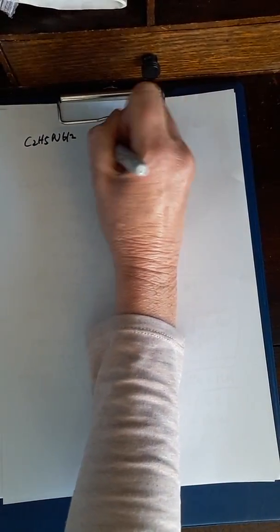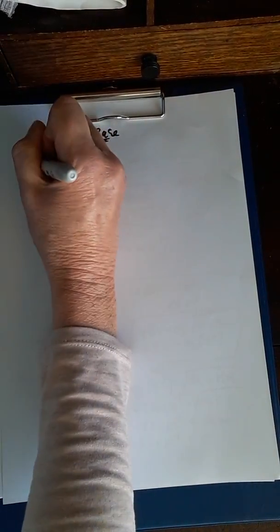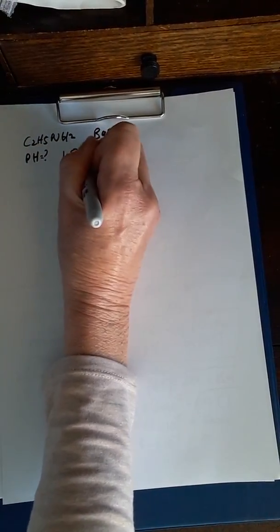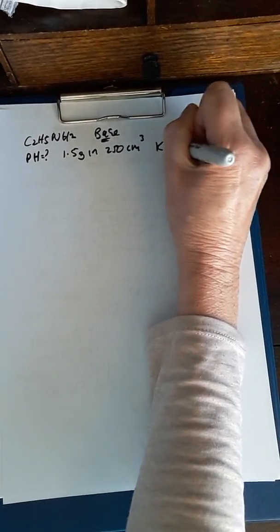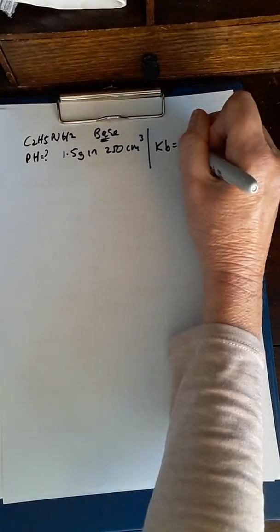So it tells you in the question it's a base. You've got to calculate the pH of a solution. Find the pH of a solution of this that contains 1.5 grams in 250 centimeters cubed of water. And it tells you the Kb. This time it's the Kb because it's a base. It tells you in the question that the Kb is 4.4 by 10 to the minus 4.